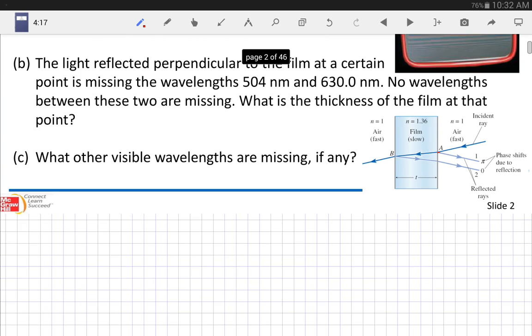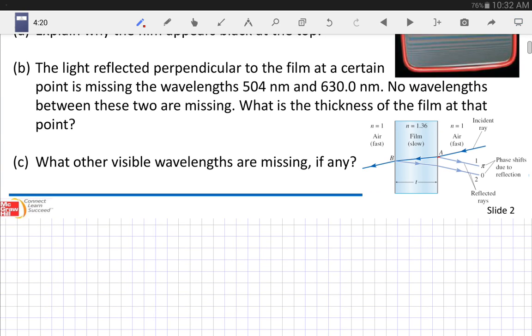So according to the work that we had, the first thing I had to do is draw the picture, got all that done. What was the next step? Not the angle. In this case, we're saying that it came in normal, so all the angles are 0 degrees. But what we do need to find is the phase shifts on reflection.